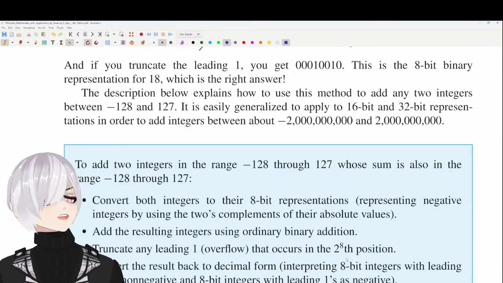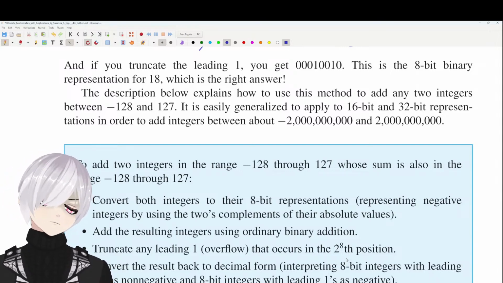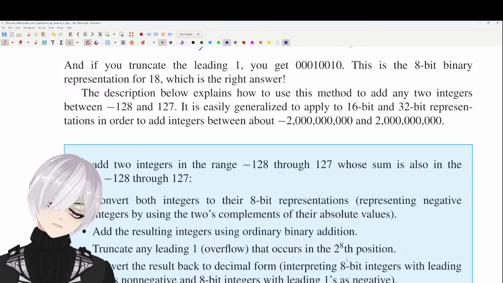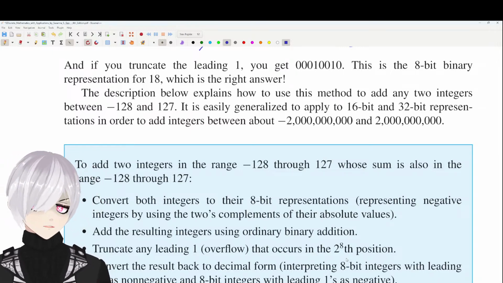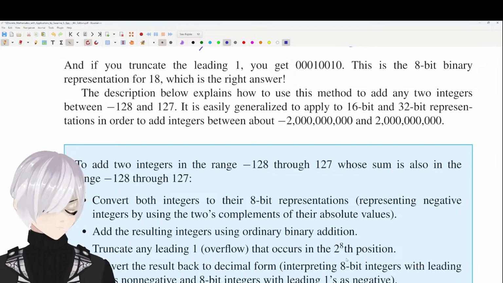Yeah, it has something to do with the fact that the one is what you would get if these were ordinary binary representations; the one would be part of the answer. But the fact that one of them is a two's complement somehow changes it, and the fact that we're adding instead of subtracting the number as well. Yeah, let's see what they say.